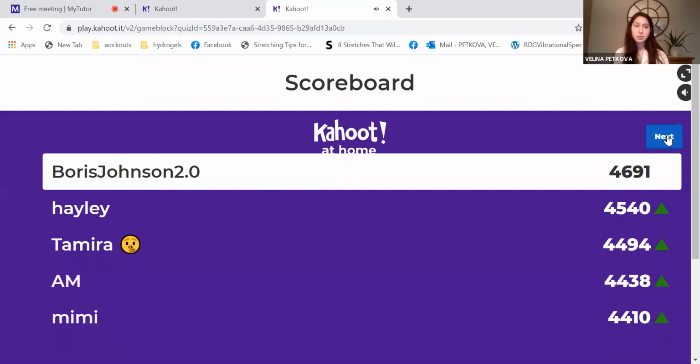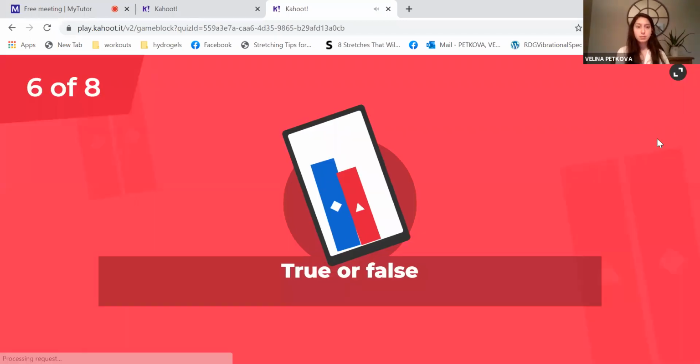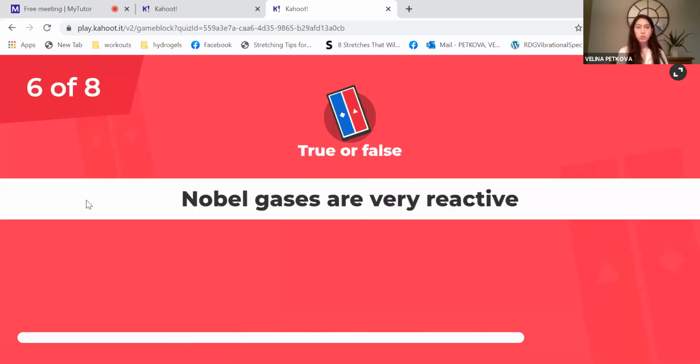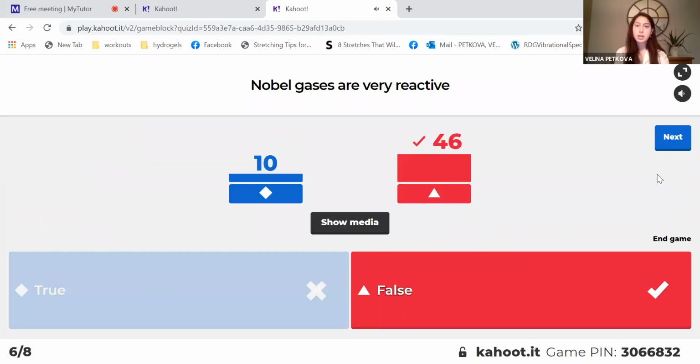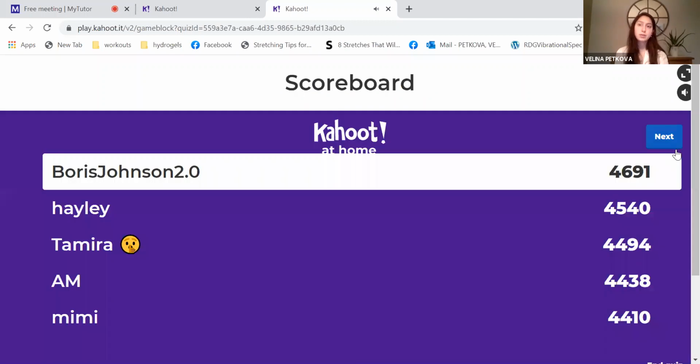Well done to everyone. Okay, it's number 6. Are noble gases very reactive? So yeah, it is false. They're very not reactive and non-reactive elements.